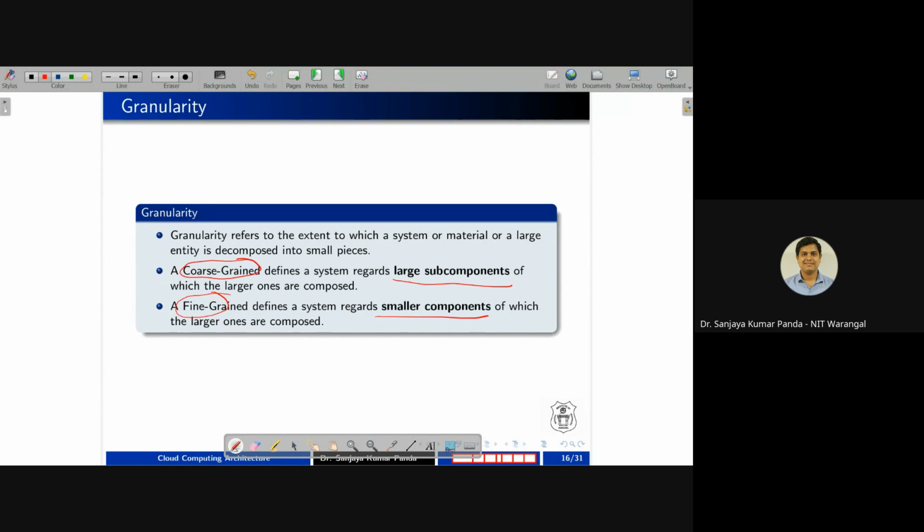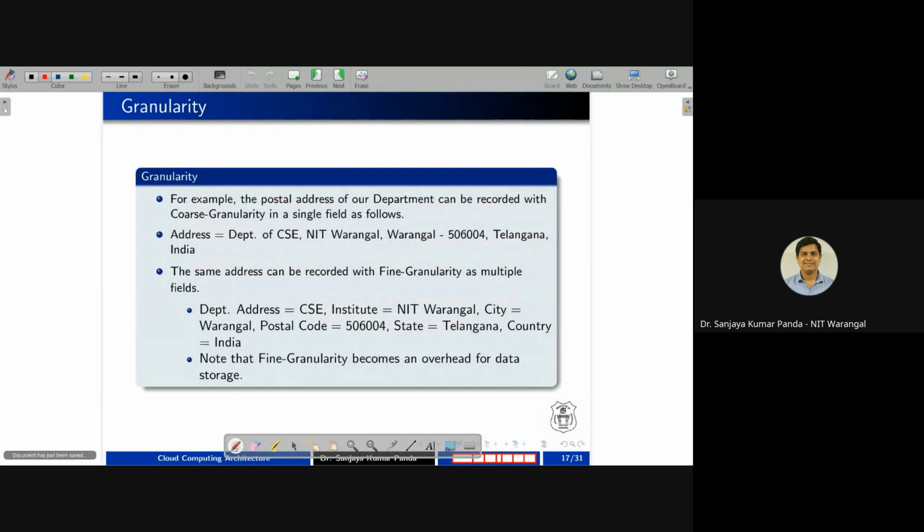For example, all of us fill in the postal address while filling different types of forms, right? Or when you register in a portal, it asks you to write the address, right? So there we are filling the particular form. For address, you have only one field, and there is a text box.